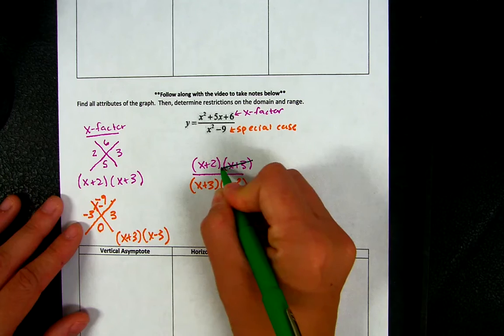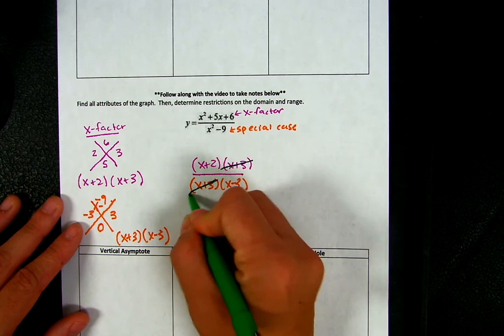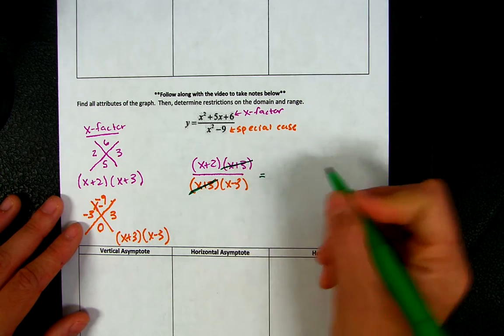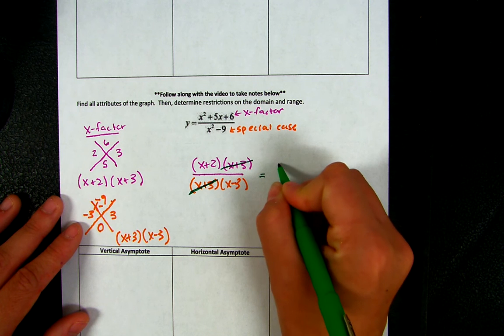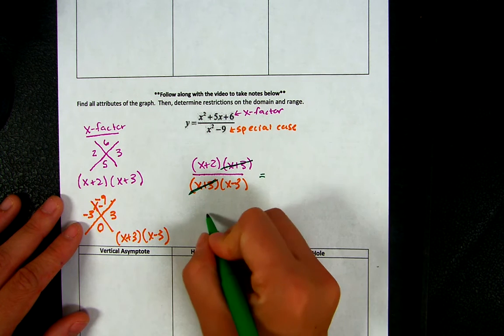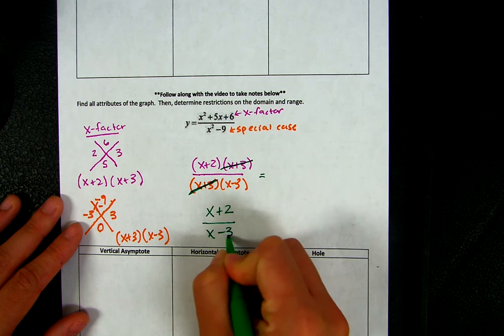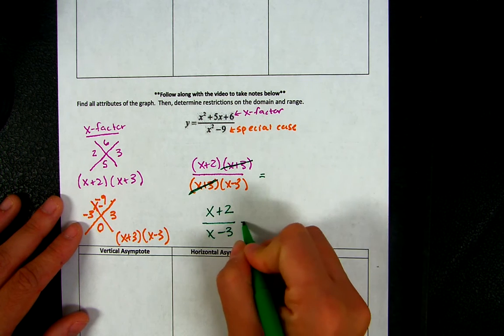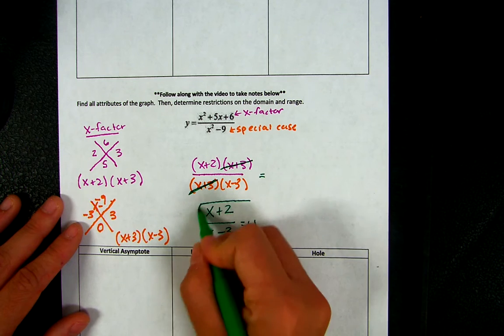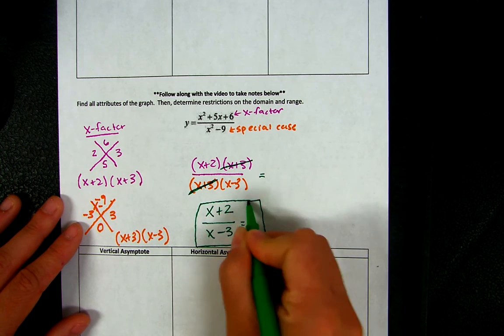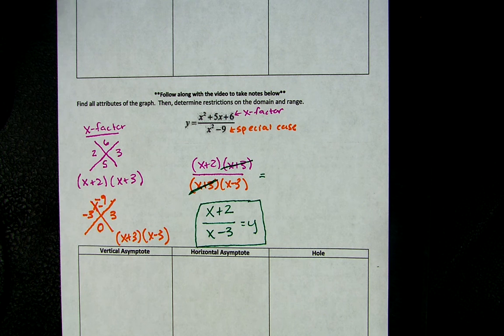If you have a factor that's repeated in the top and the bottom, it can cancel out, which would leave us with a simplified function of x plus 2 over x minus 3 equals y. So this is my simplified function. I'm going to use that to help me find the attributes of the graph.